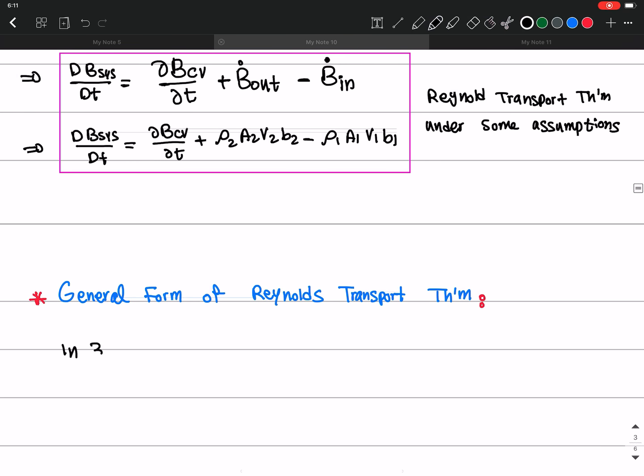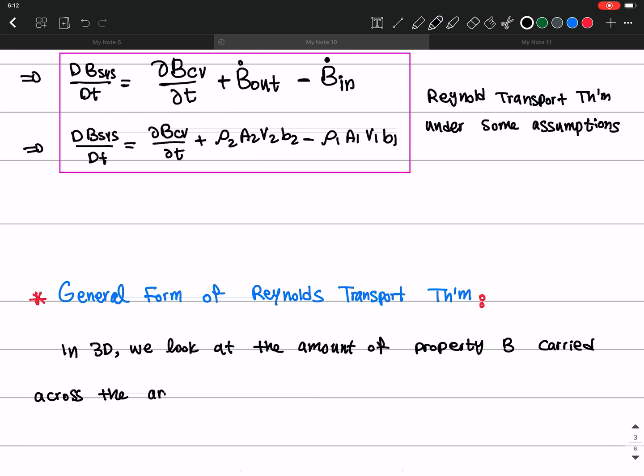So in 3D, three dimensions, we look at the amount of property B carried across the area element delta A in time delta T. Okay, so what does this mean?